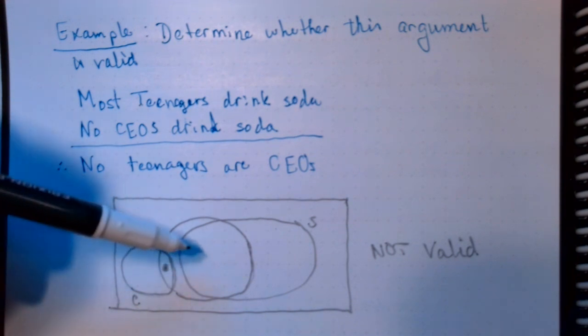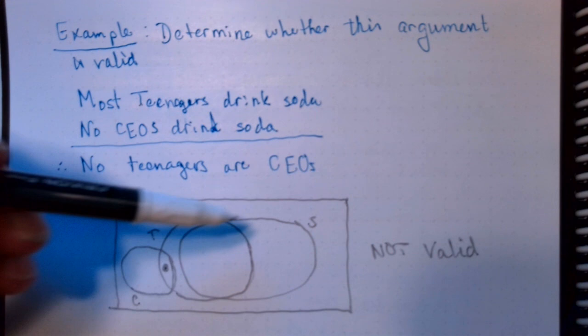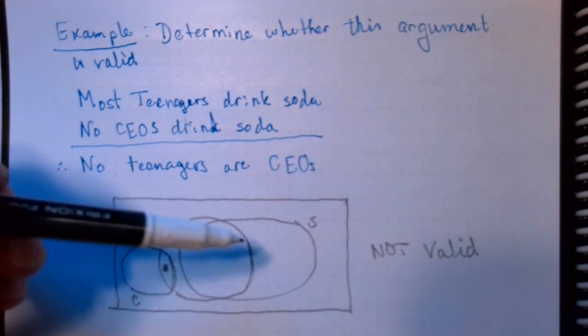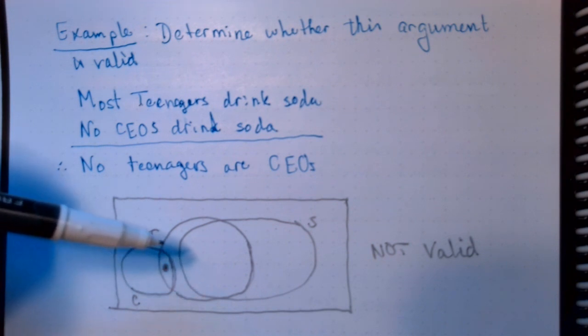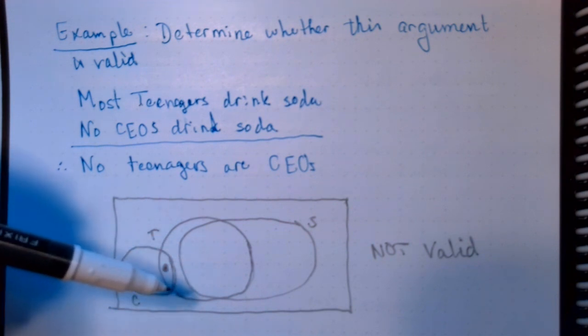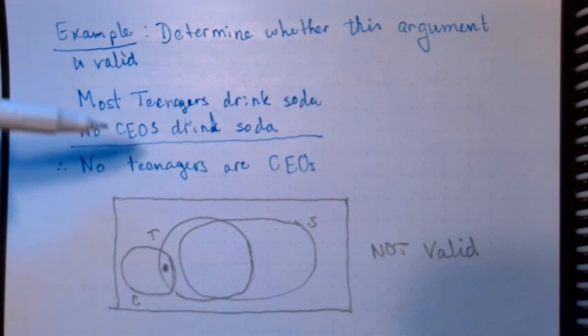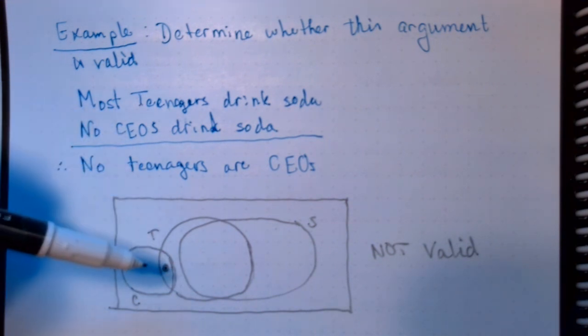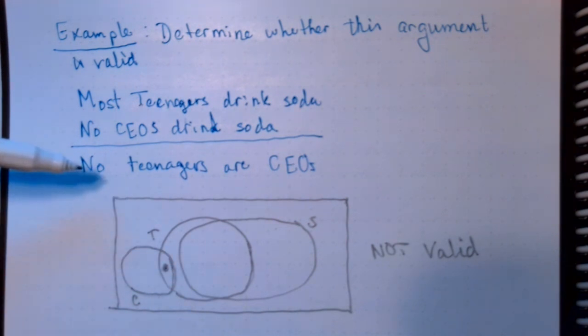We drew a diagram that followed the premises. Most teenagers drink soda, so we have the set of soda drinkers overlapping with the set of teenagers. No CEOs drink soda, so the set of CEOs right here is outside the set of soda drinkers. But the premises did not say the set of CEOs had to miss the set of teenagers, but that's what the conclusion is claiming, and that's why the argument's not valid.